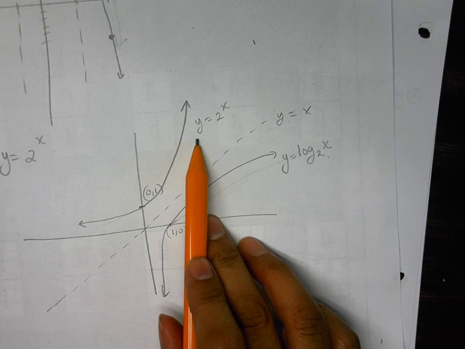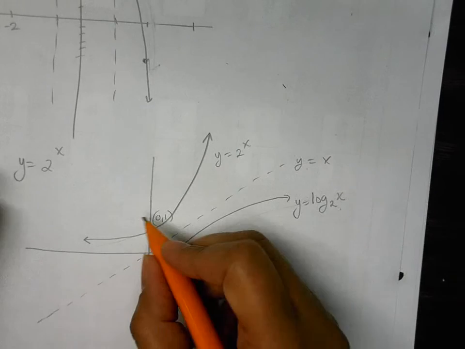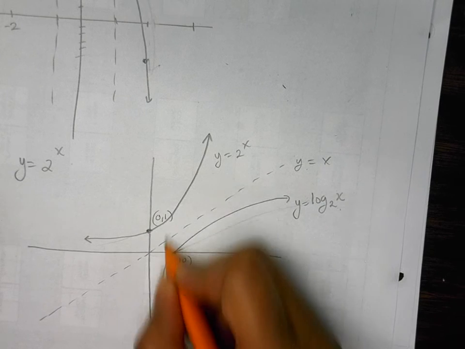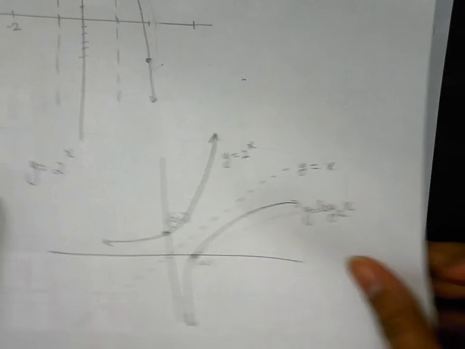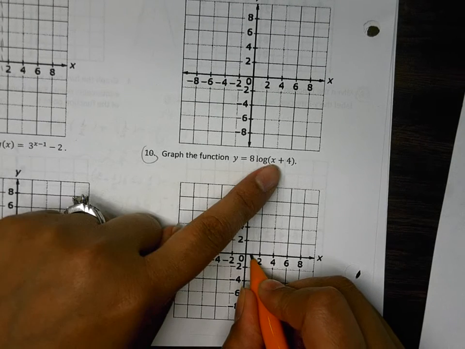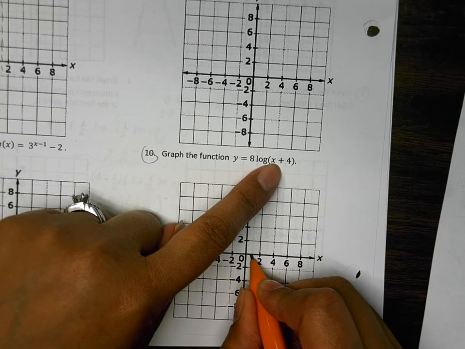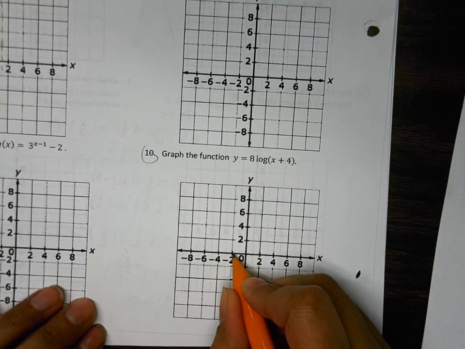So, do you remember when you did these and then you shifted, this was like your key point that you shifted up, down, right, left? This is going to be our key point, the 1, 0. So, here's the 1, 0. Which way is it shifting? Left 4, 1, 2, 3, 4.